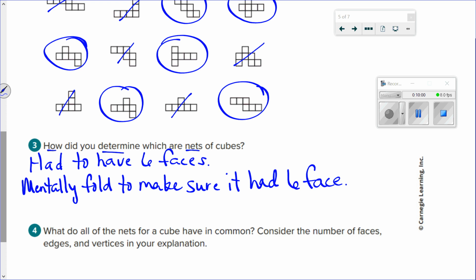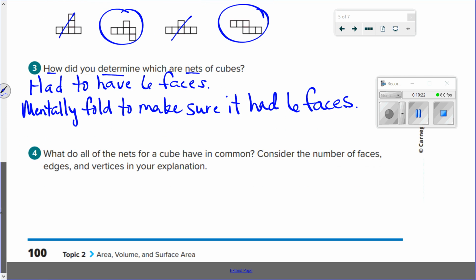So why do you think we did this whole exercise? Use our brain. That is a big piece of it. Yes? I think it was so since we did the cube, we could imagine like we're folding it. Okay. Good. Try to get used to it.